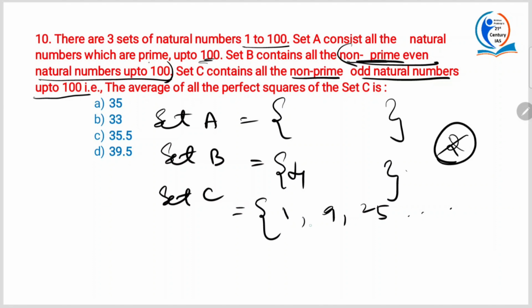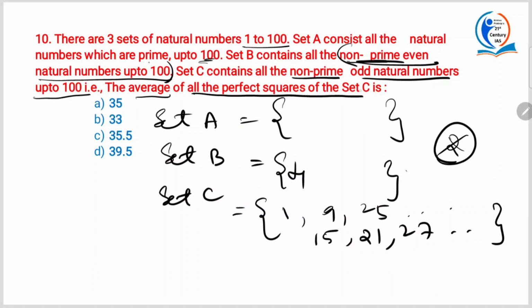And they will also have numbers like 15, 21, 27, okay. Let's see what they are asking. The average of all the perfect squares of the set C is, okay, cool. So, you don't need to bother about set A and set B at all. Then why did they mention? To confuse you. That's all. So, set A and set B, you don't need to bother.